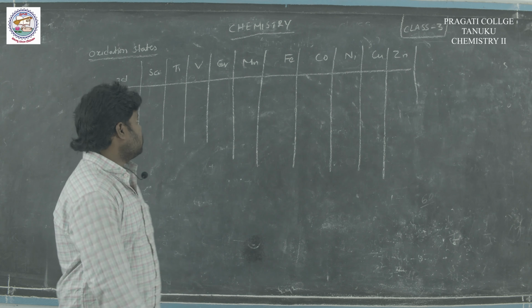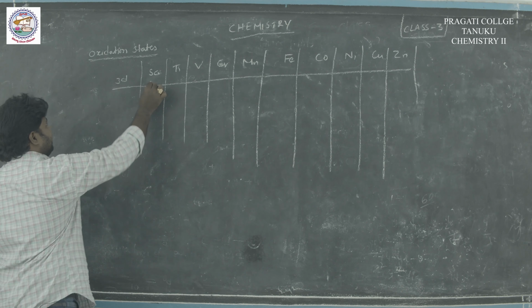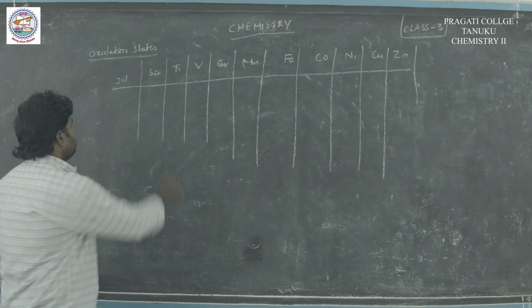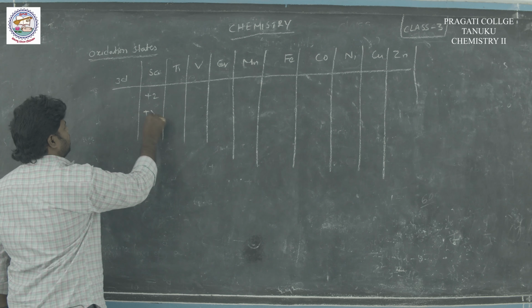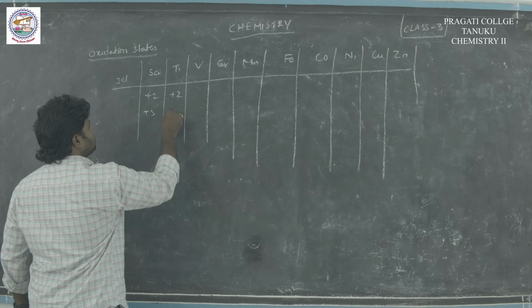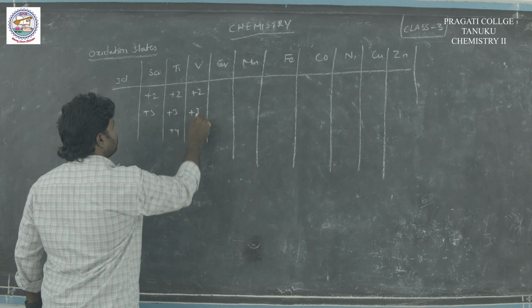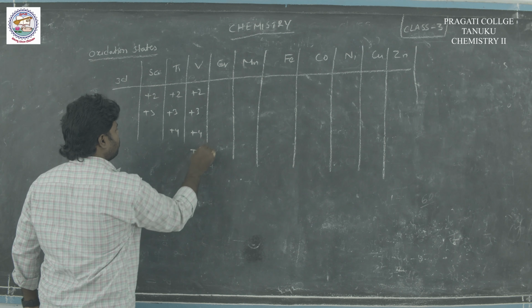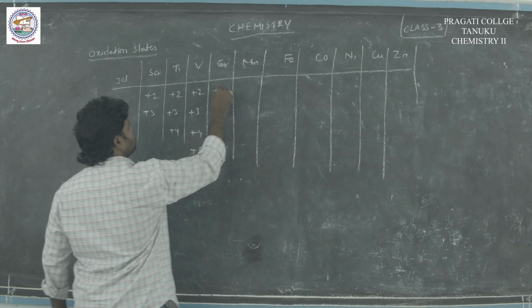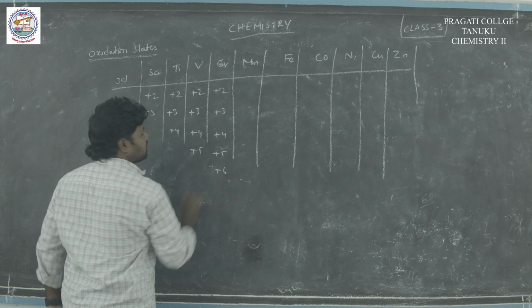Now the oxidation states in the 3d series. Scandium exhibits +2 and +3, and titanium exhibits +2, +3 and +4. Vanadium exhibits +2, +3, +4 and +5, and chromium exhibits +2, +3, +4, +5 and +6 also.